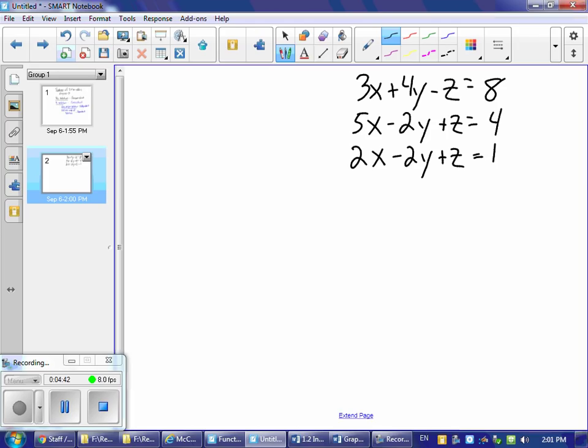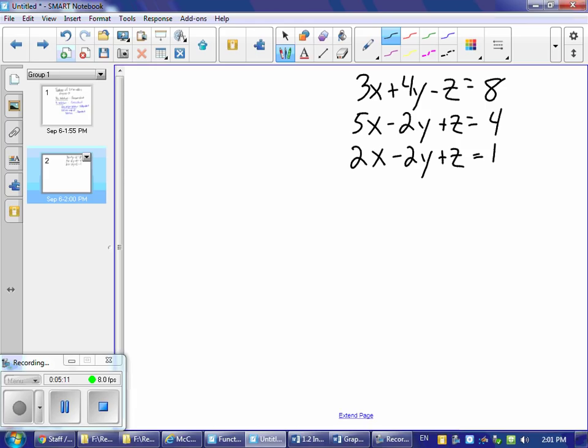All right, so what we have here is a system of three equations with three variables, which means there are three planes someplace out there, and we're trying to figure out, do these three planes have something in common, that all three of them would work if I plug values in for x, y, and z. That's the general concept.